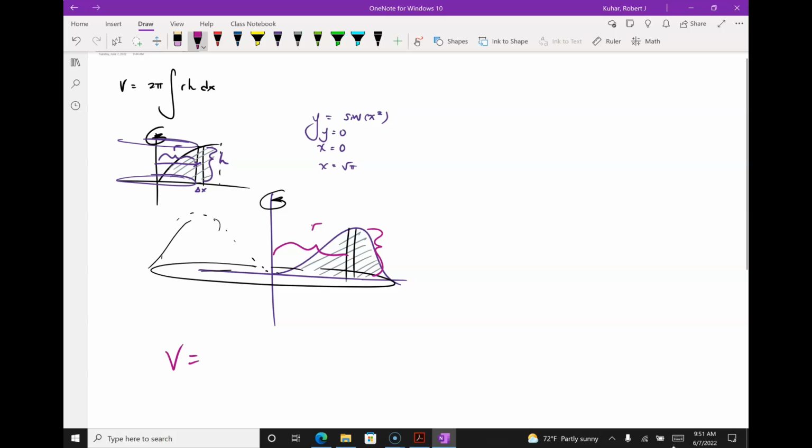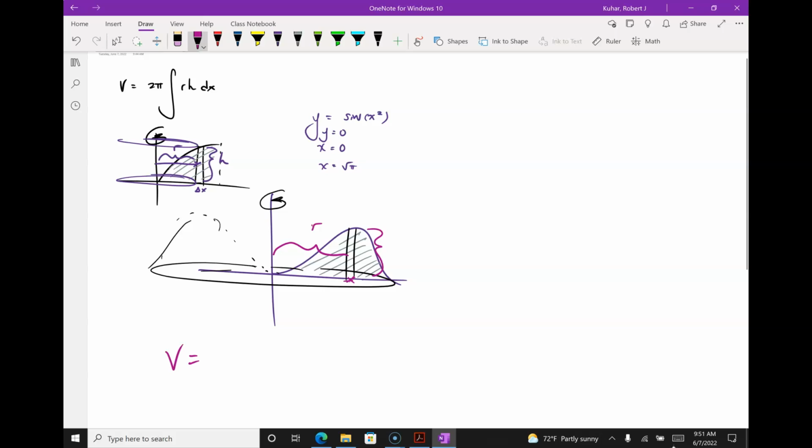R is just x. This is probably the hardest thing to think about, especially when I move the axis. If I shift the axis somewhere, I've got to be thinking right minus left. This distance is arbitrary, so it's x, minus the left endpoint, which is 0. It starts at the origin.